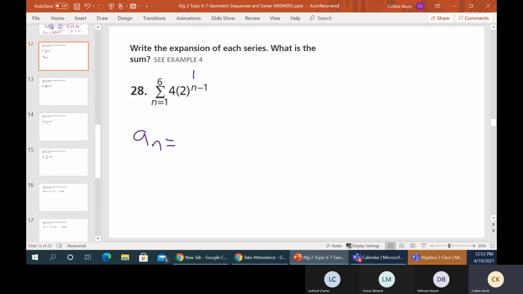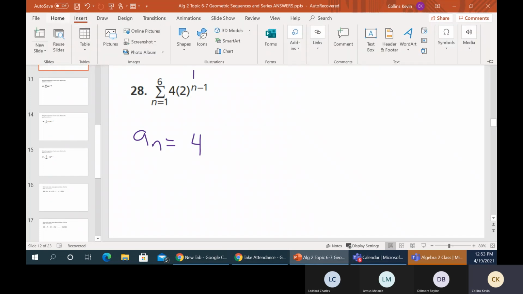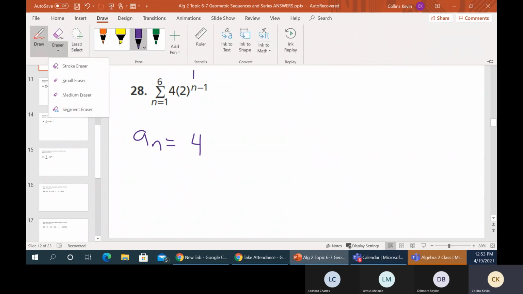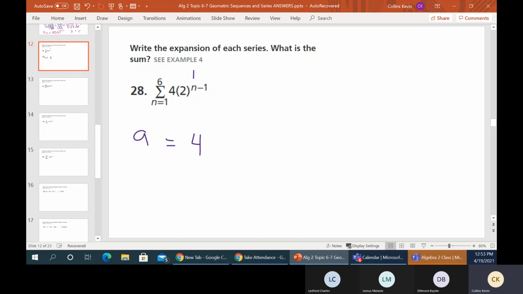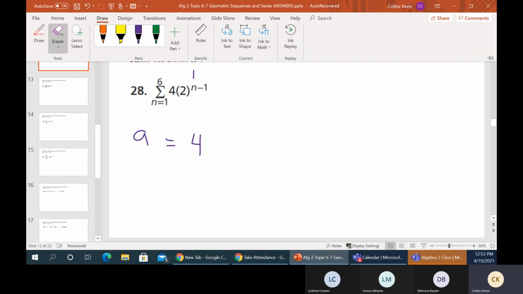Well, 1 minus 1 is 0. 2 to the 0 power is 1, so the first guy is just 4. Okay? So that should be a sub 1, not a sub n. One moment. Helps if I hit the right thing once in a while. There we go. So yeah, this would be the first term.